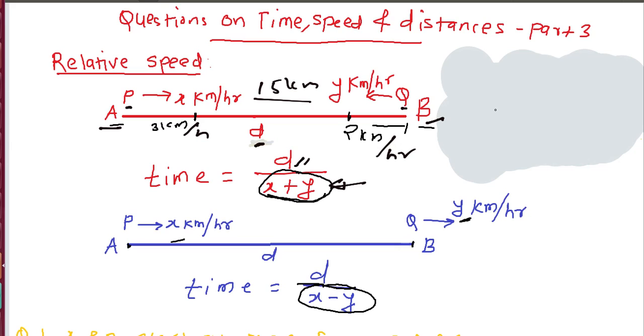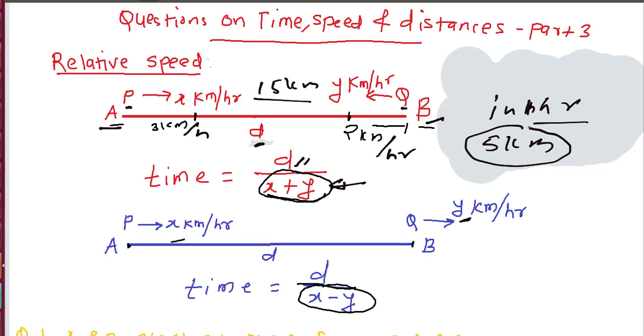That means in 1 hour the distance they both together cover is 5 kilometer, because they are moving in the opposite direction, right. So to cover the total distance D, or 15 kilometer, they will require 15 divided by 5, so 3 hours, when they are moving in the opposite direction.